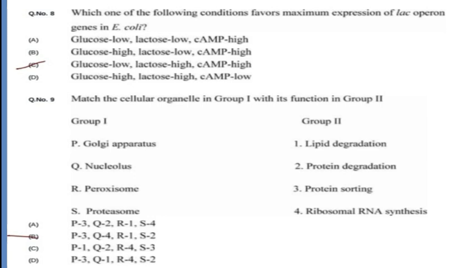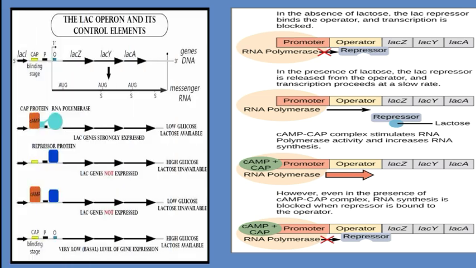The next question: which one of the following conditions favors maximum expression of lac operon genes in E. coli? To express the lac operon genes maximally, there should be a low amount of glucose, a high amount of cyclic AMP, and a high amount of lactose.